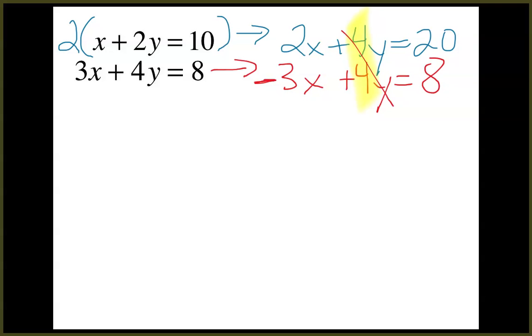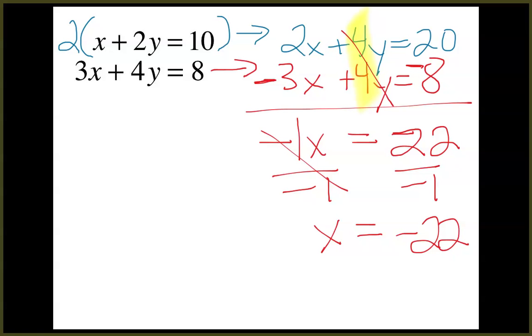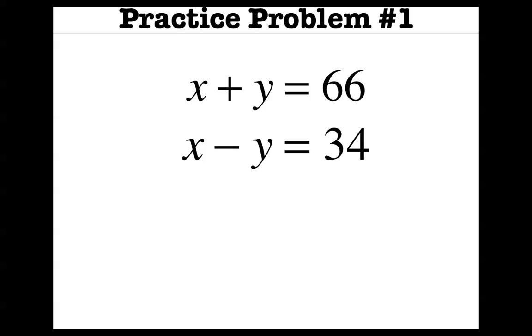And then we would subtract here, and I'd get negative 1x equals, no, that's positive 22. And so you divide by negative 1, and you could have canceled out the y's and solved for x as well. That's kind of advanced stuff. And if this last example problem was a little bit tricky for you, don't worry too much about it.